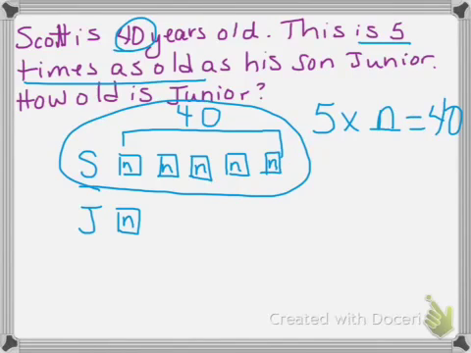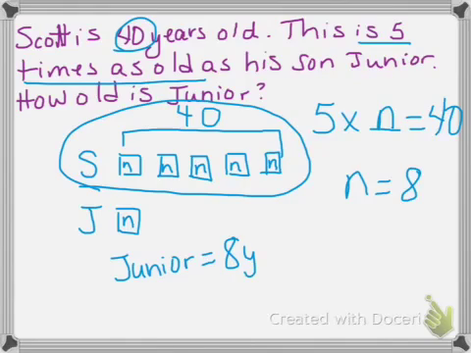Now this is a division problem because I'm saying 40 divided by 5, or I'm saying 5 times N. So 5 times what is 40? Well, looking through my multiplication facts, 5 times 8 is 40. So then Junior must be 8 years old. So I can check that.